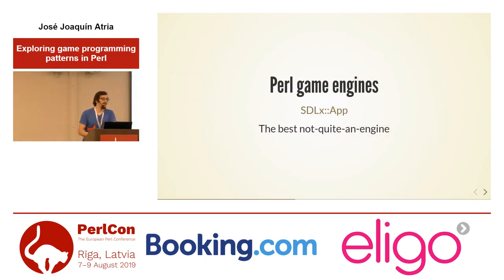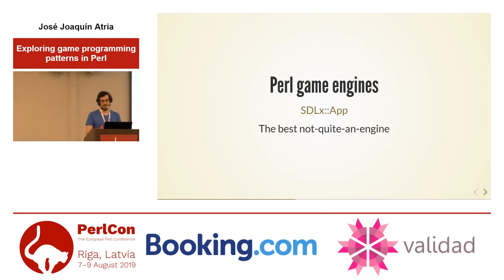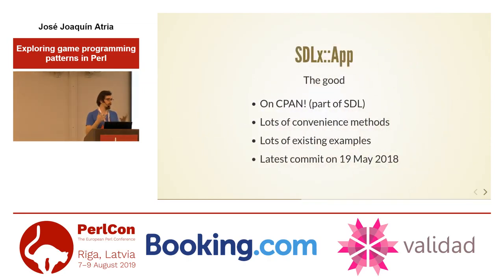So there isn't really a Perl game engine that you can just jump into. The best one out there is SDLx::App, I think. And it's not really an engine itself, it's just a way to use the SDL framework. The good thing is that it's on CPAN, so you can actually install it, and if you install SDL, you already have it.